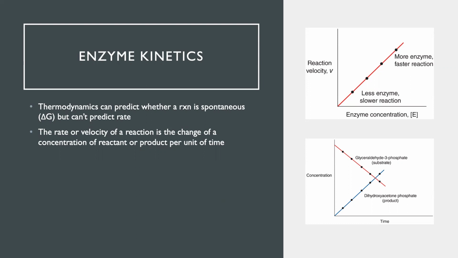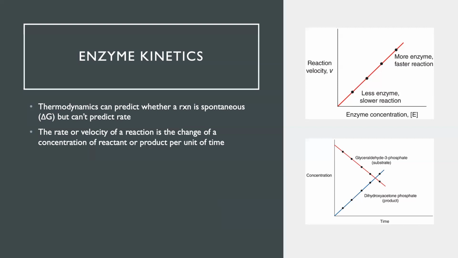So reaction velocity can be thought of as concentration versus time. Over time, we can have a negative view where the substrate is decreasing and a product is increasing over time. A positive would be a product increasing over time. A negative is where a substrate is decreasing.